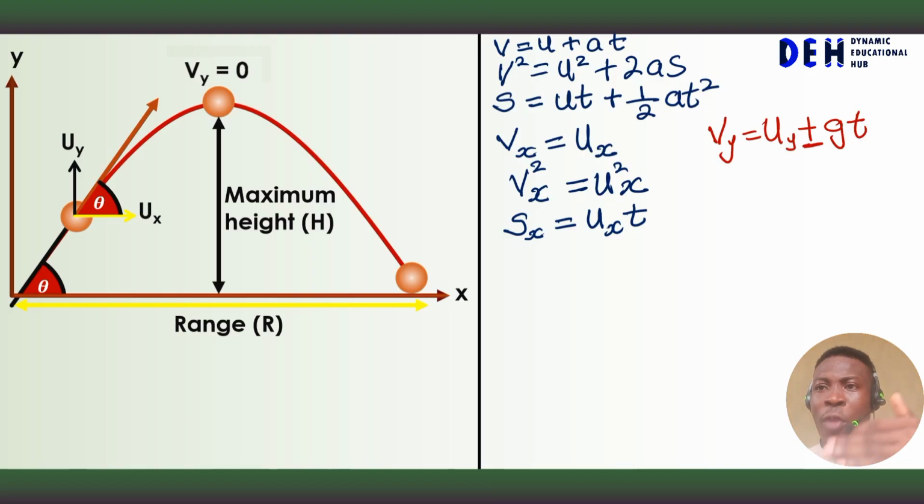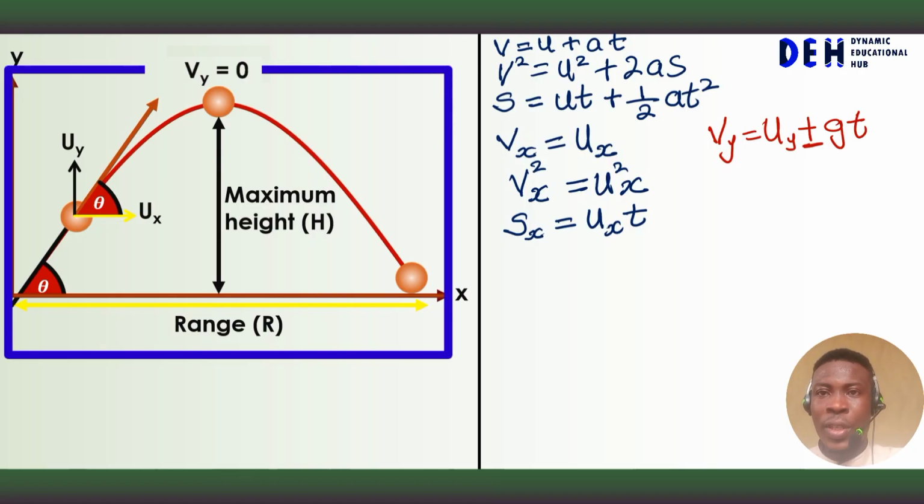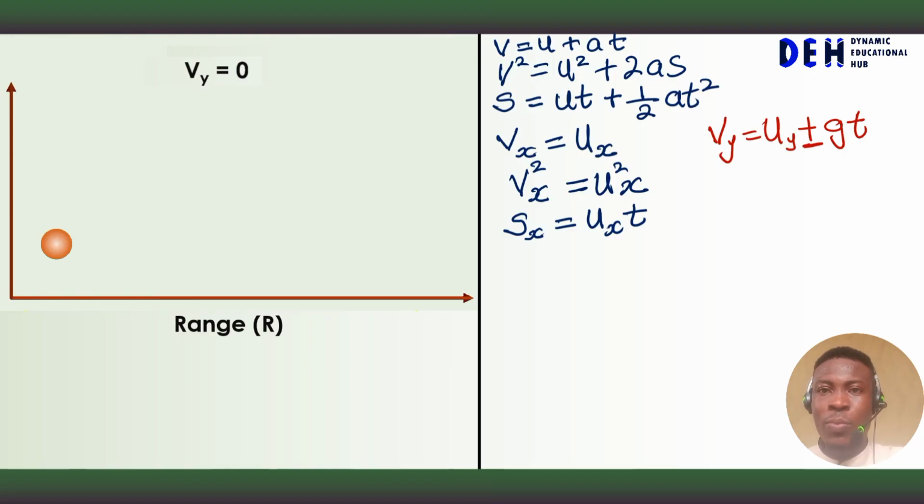Now someone is also asking me, why are we having plus or minus? We are having it because we are describing the entire motion over here. If you look at it very well, when this object is projected, it is moving upward. It got to a point when the speed becomes 0. The velocity becomes 0. It starts coming down, moving downward.